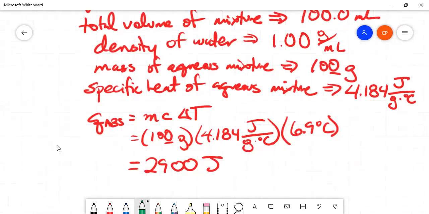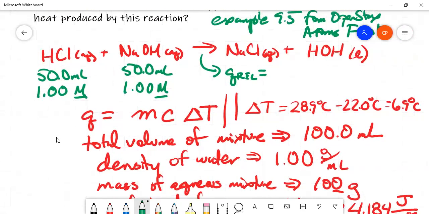Is it negative 2,900? Why would Q released be negative 2,900 joules? Because that's correct.